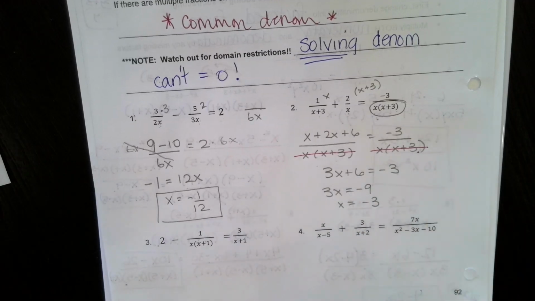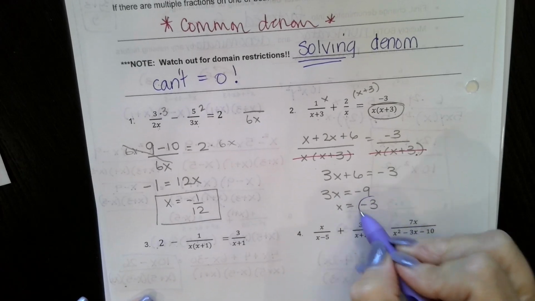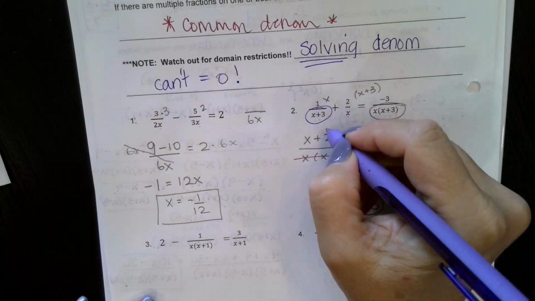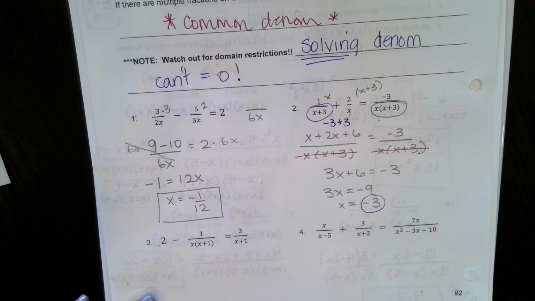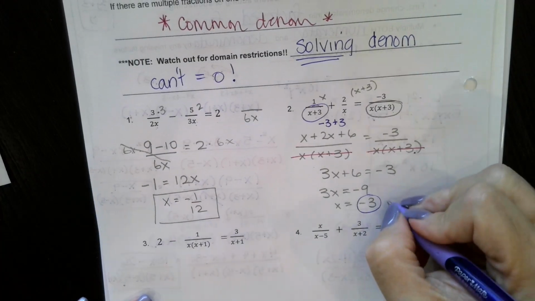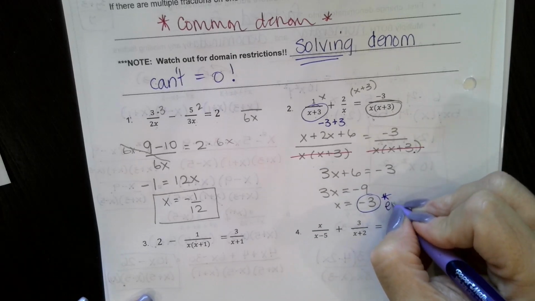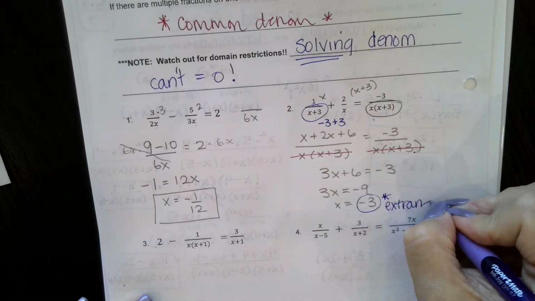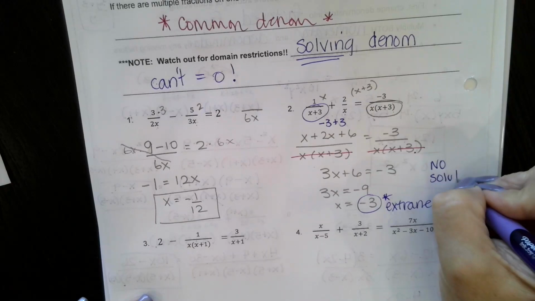So I have this value, x equals negative 3, but look what happens. If I take this value and I plug it in here, I get negative 3 plus 3, which gives me 0. So this is an extraneous solution. So this is no solution.